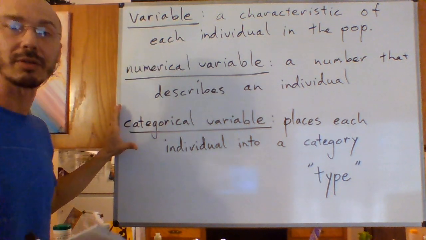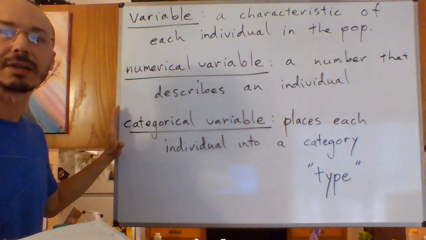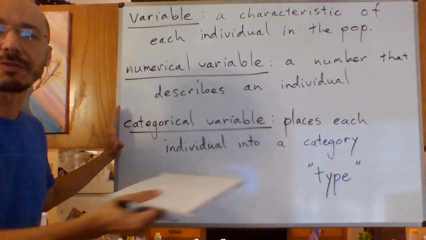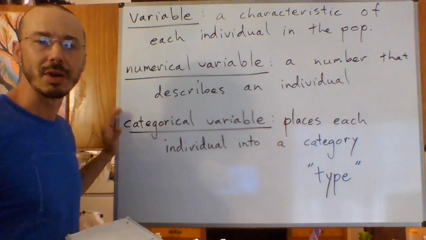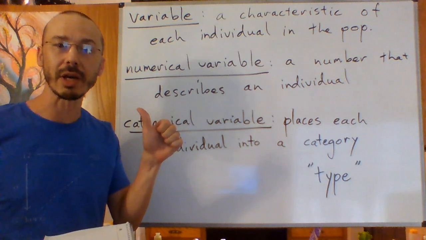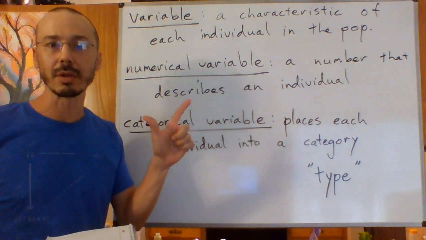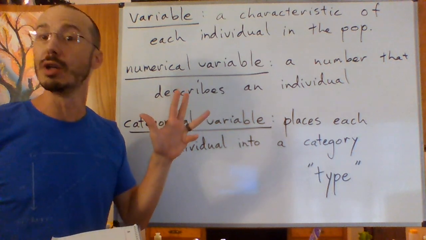A categorical variable would be like what kind of, what manufacturer of car do people have? So the categories would be things like Toyota, Ford, Mercedes, none.